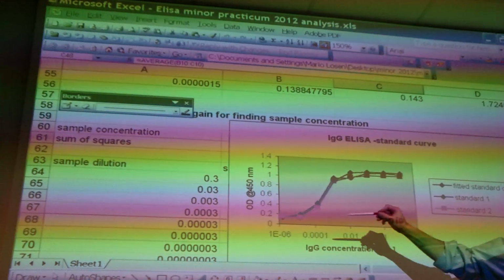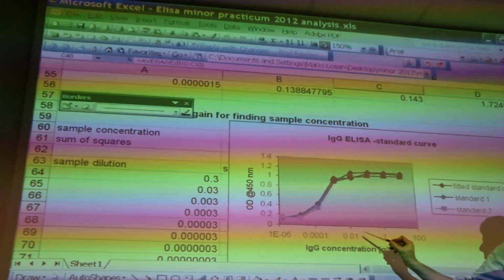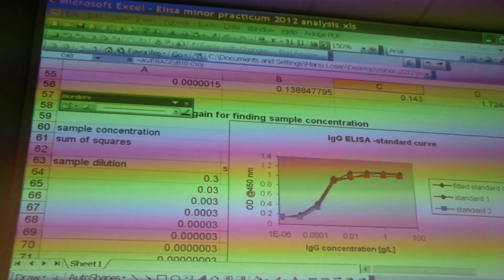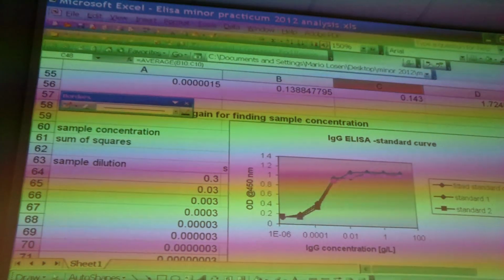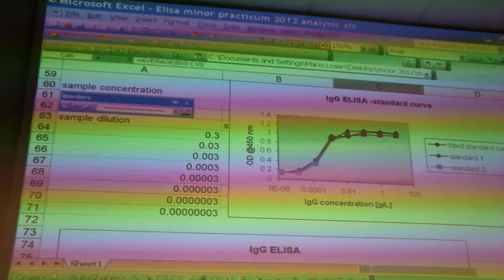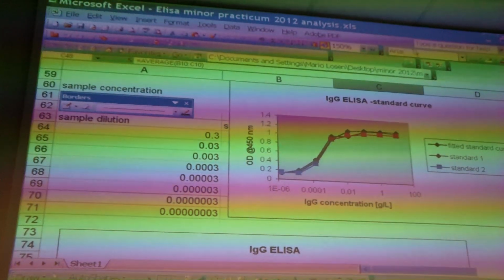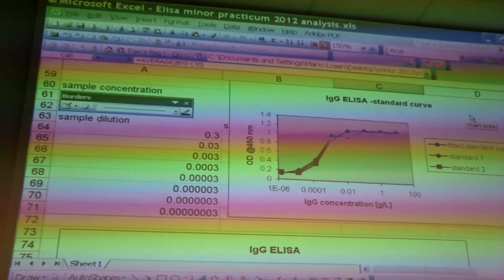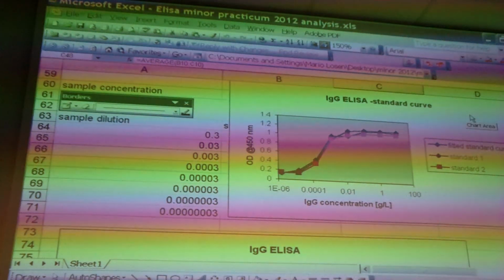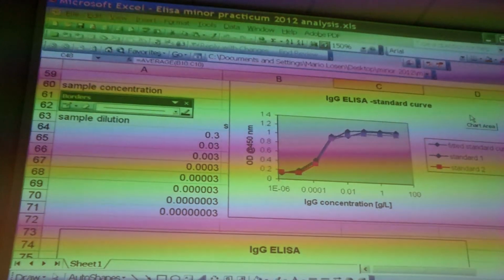Here is the optical density, and here is the IgG concentration. This is how a typical exam could look.